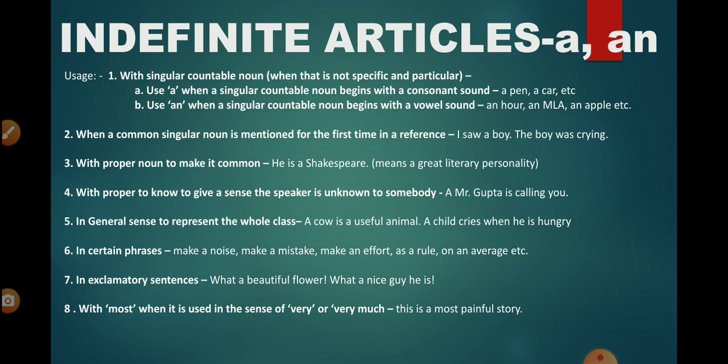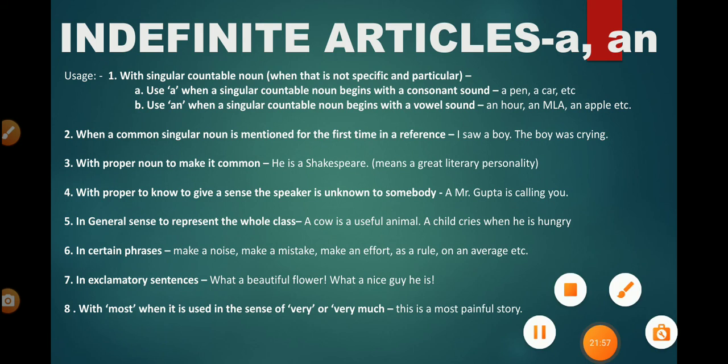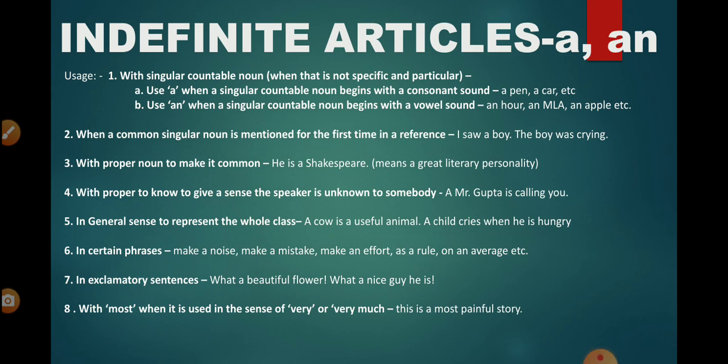It's for the first time that he is facing Mr. Gupta and he is totally a stranger to the speaker. So here we use a before a proper noun: a Mr. Gupta is calling you.